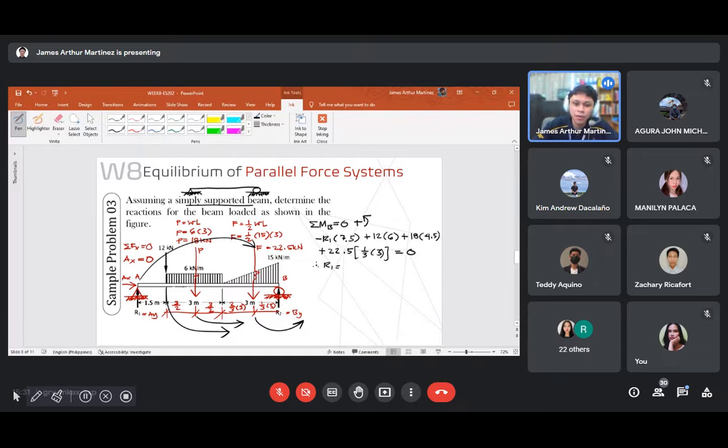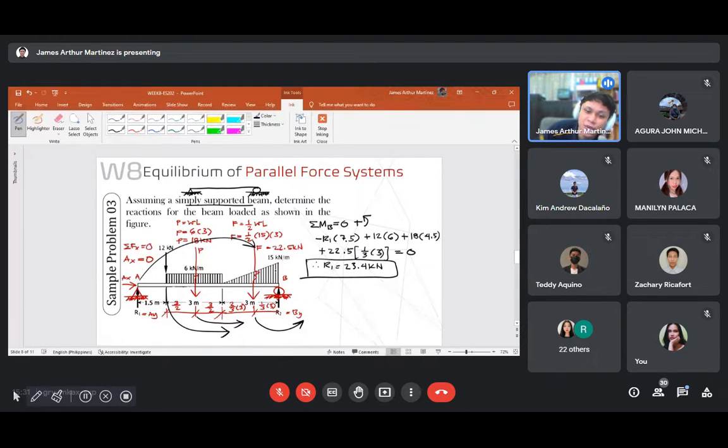We have here 23.4 kilonewtons. So we obtained a positive value, therefore it indicates that our assumed direction for R1 is correct. Okay? So that's it.